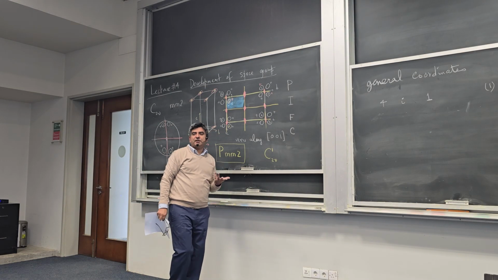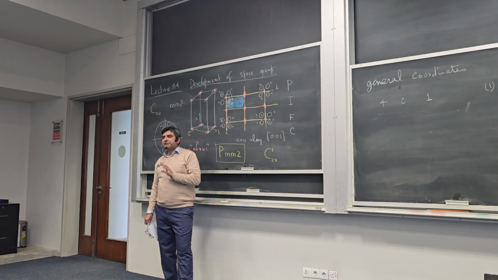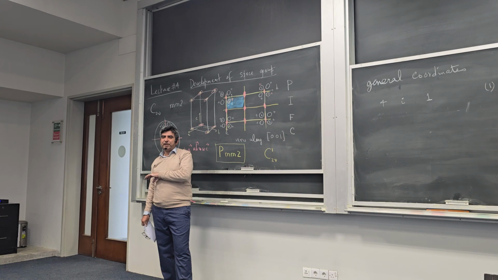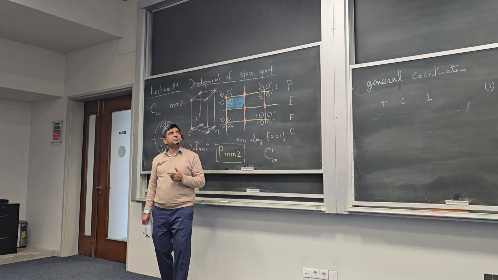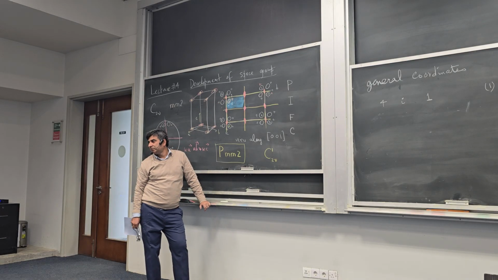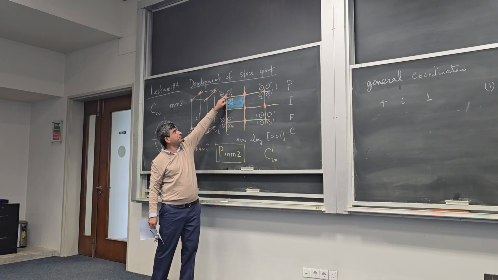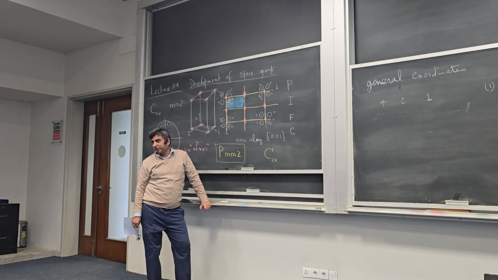Now with the symmetry elements present in the P M 2 space group, this point must have equivalent symmetry related points. Those points are these 4 points. If this point must exist, and this is the P M 2 space group, then these 3 points must also exist along with it.